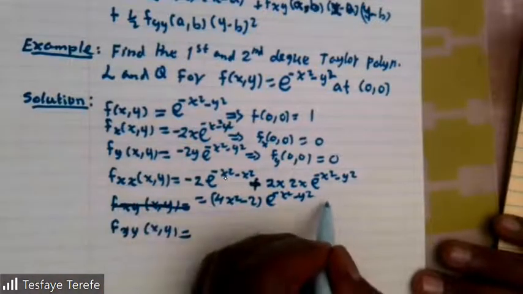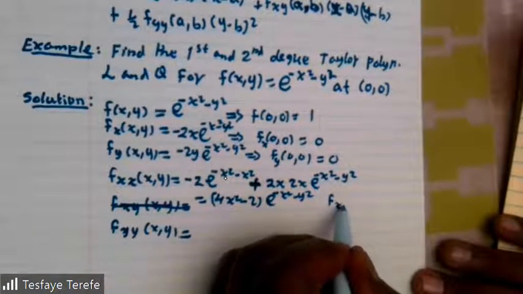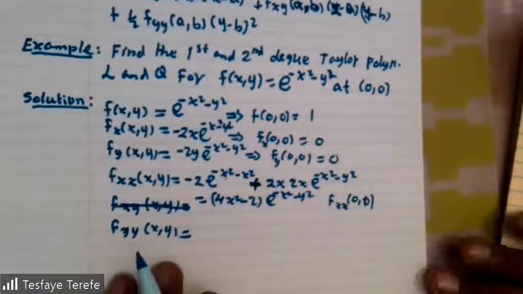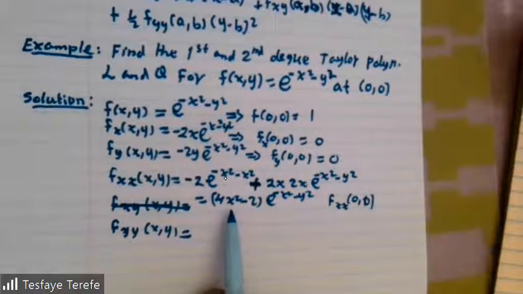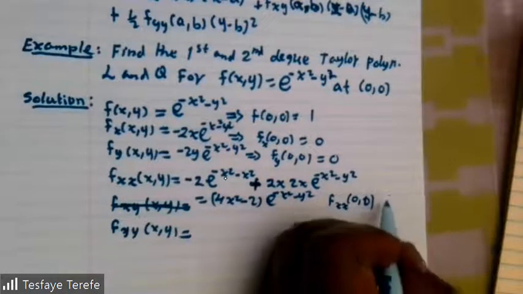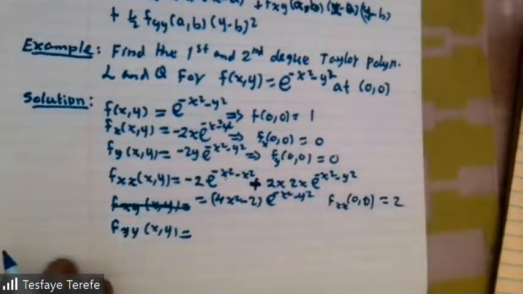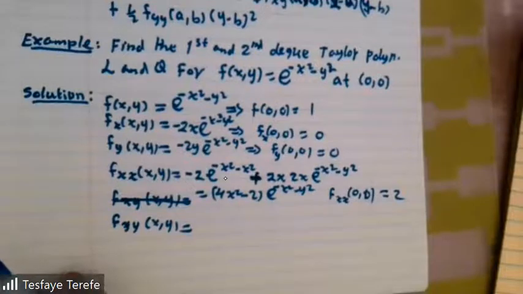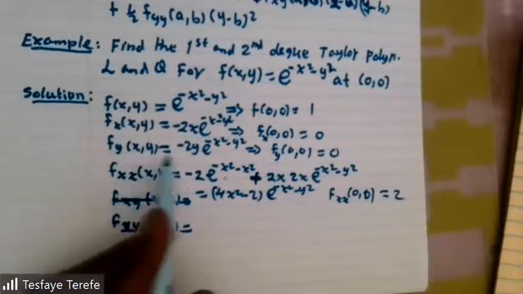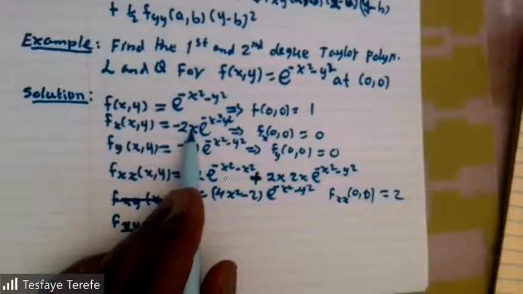And when I evaluate that at 0, 0, so I have here 0, but negative 2, and e to the power of 0 is 1, so this is equal to negative 2. When we are finding the partial derivative with respect to x and then y, so this is a real coefficient.